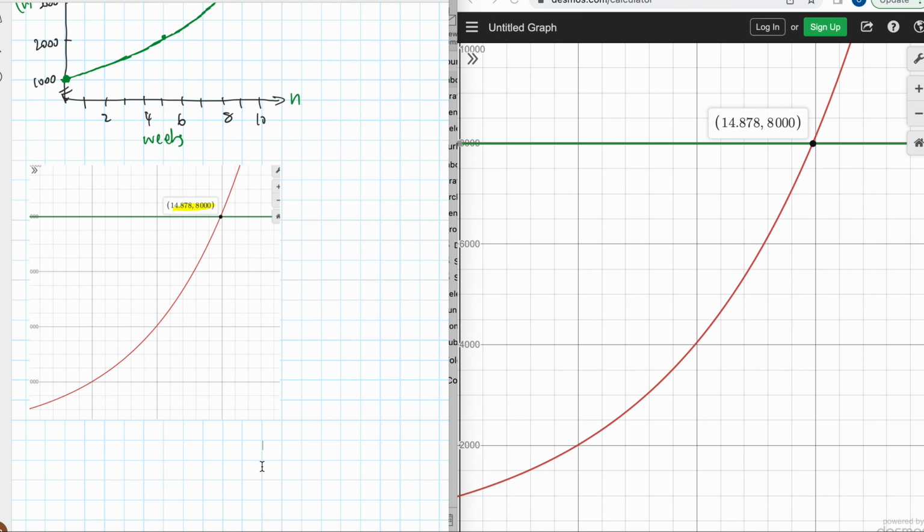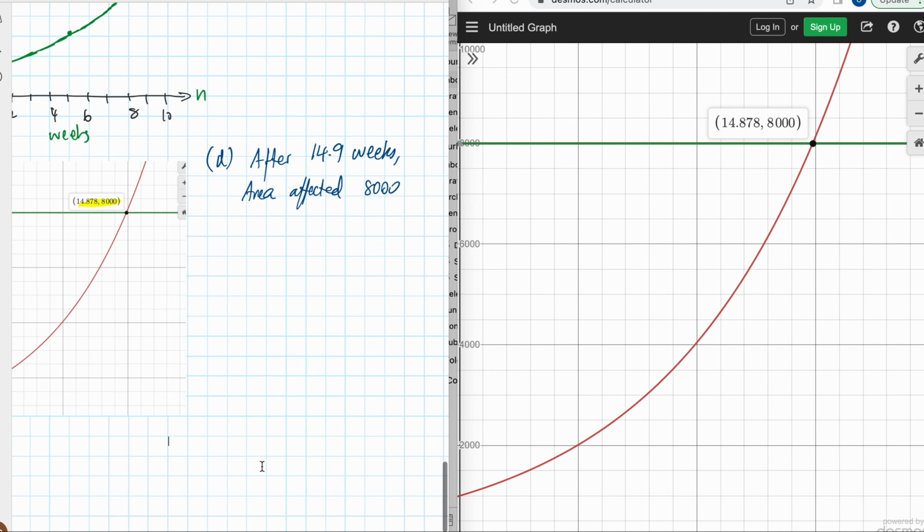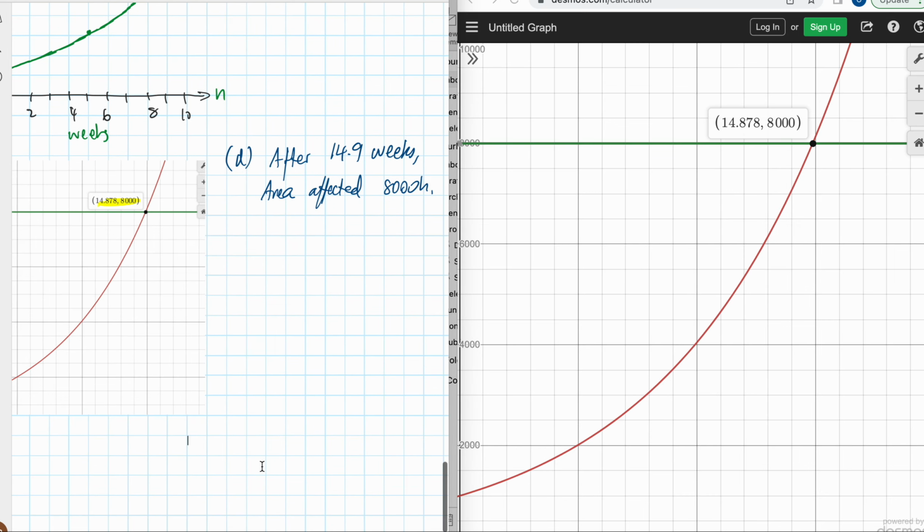D. After, and let's go 14.9 weeks, so 3 sig figs, the area affected is 8,000 hectares. All right. After 14.9 weeks, the area affected is 8,000 hectares.